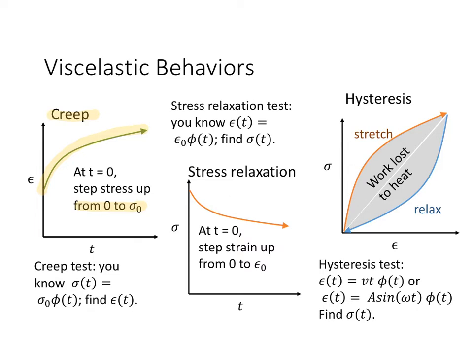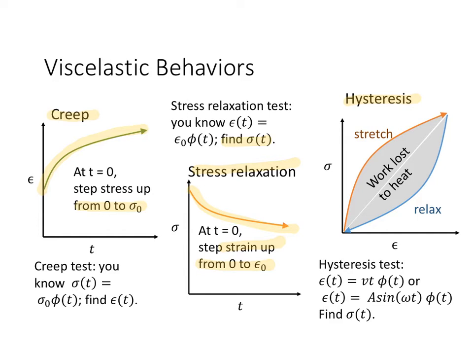A stress relaxation test is one where the strain steps up from 0 to some defined strain we call here epsilon naught, and we record the stress, and what we see is that the stress will relax downward as it adapts.